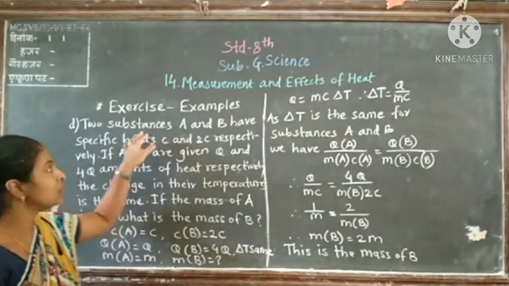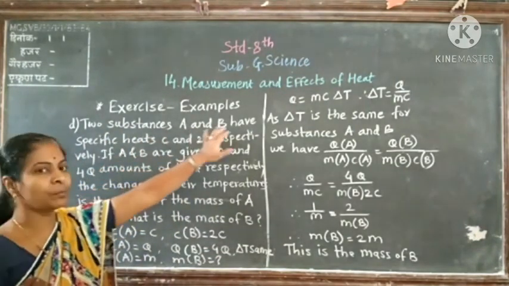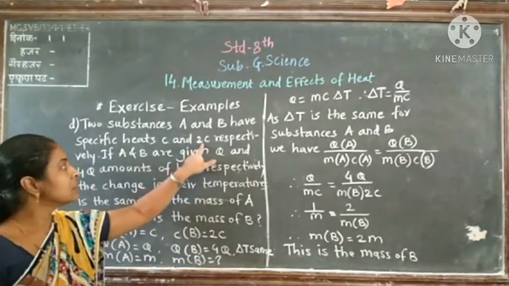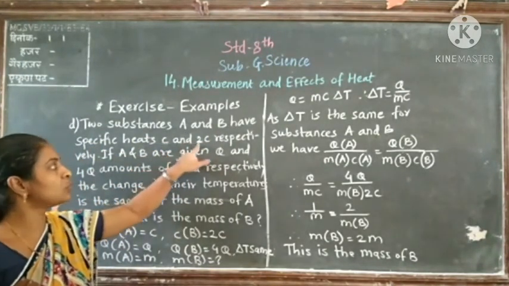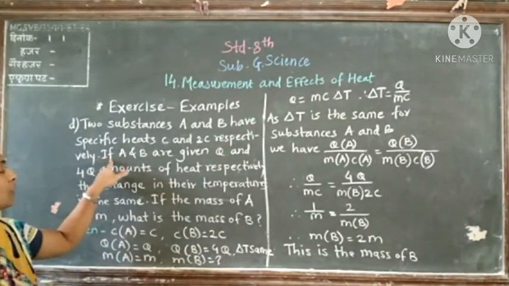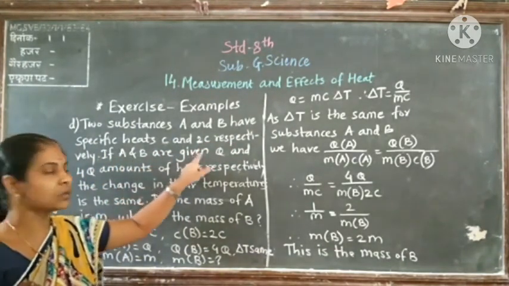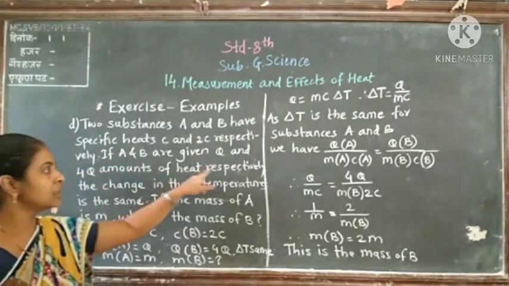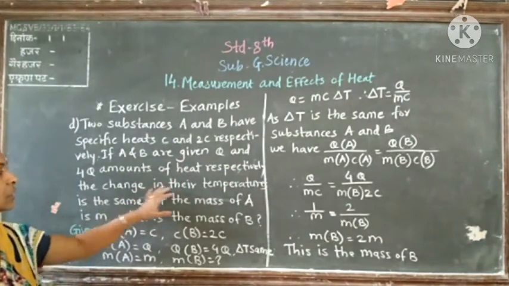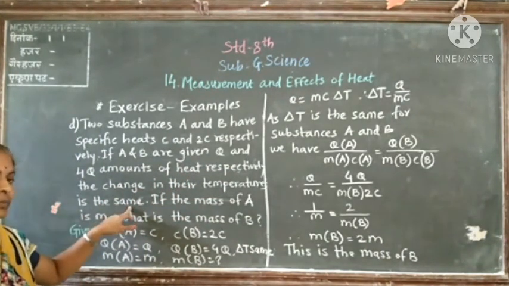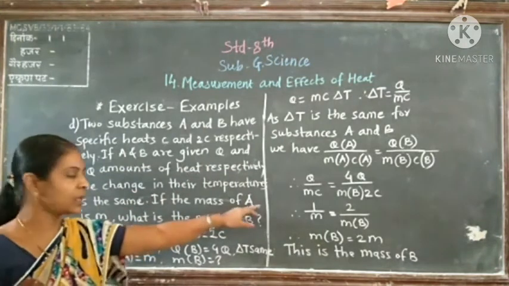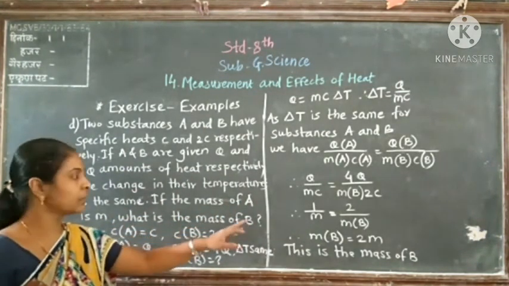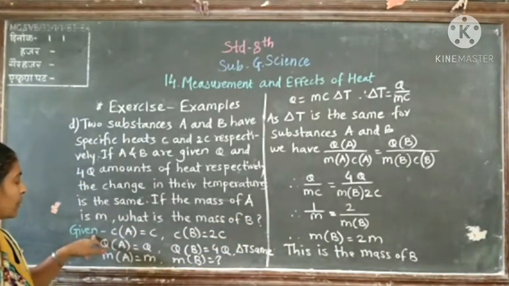Next example is: two substances A and B that have specific heats C and 2C respectively. If A and B are given Q and 4Q amounts of heat respectively, the change in their temperatures is the same. If the mass of A is M, what is the mass of B? आता इथे काय गिवन डाटा दिला बघा आपल्याला.